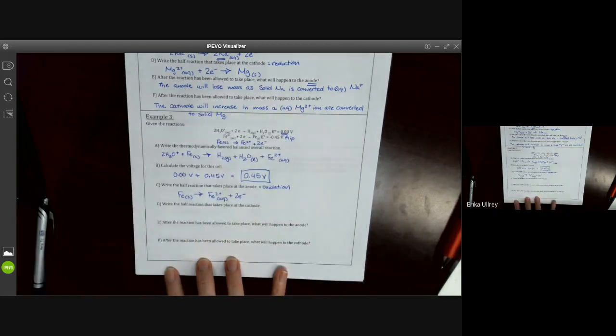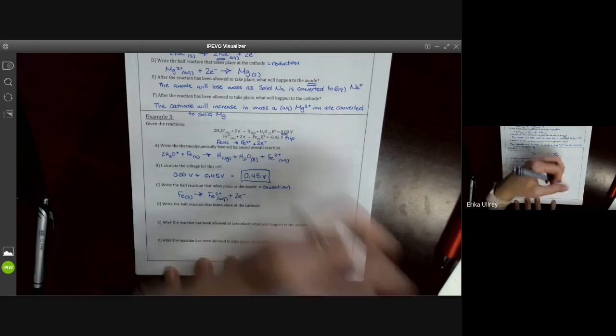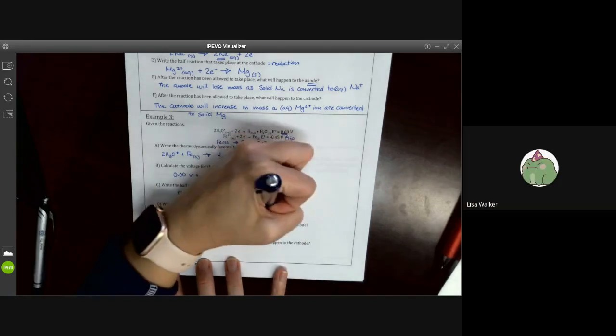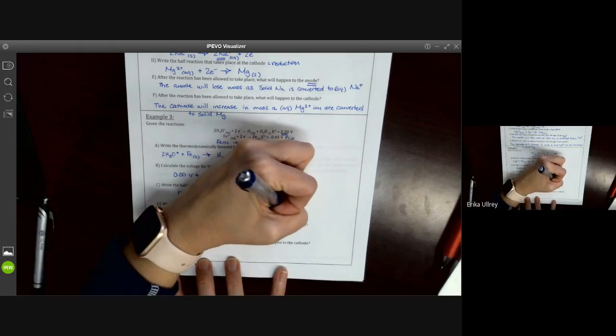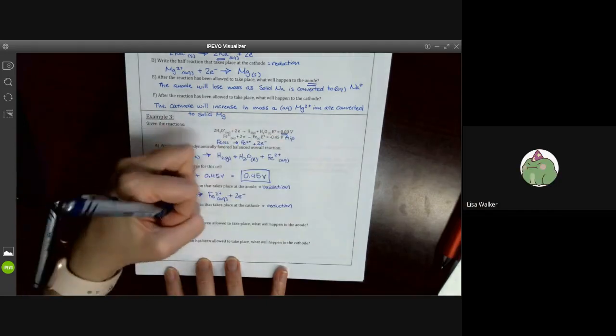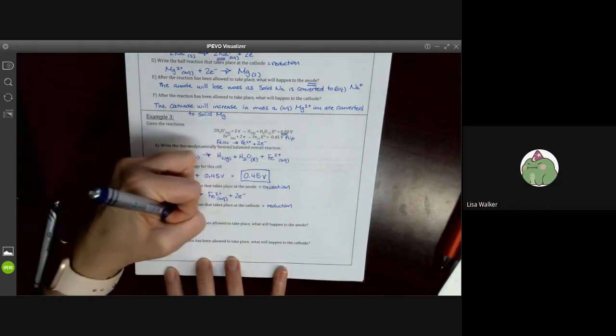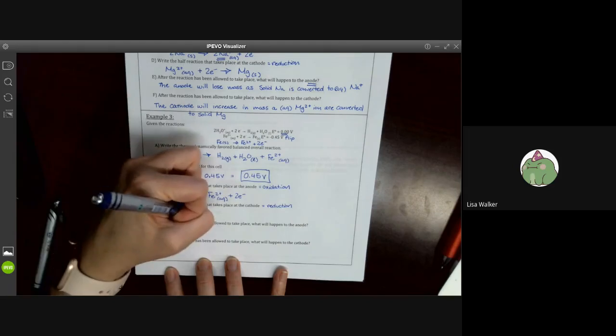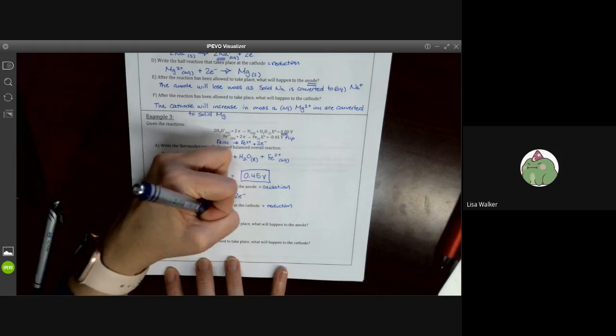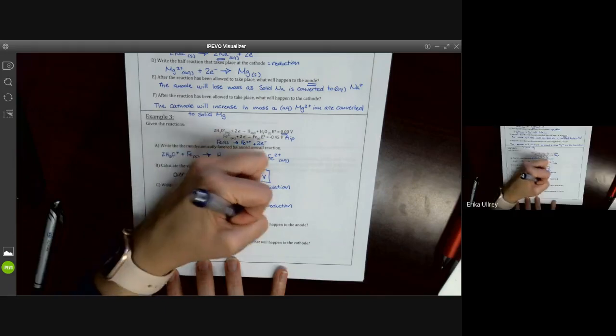Good. So what is going to be the half reaction that takes place at the cathode then? Lisa? At the cathode, it's reduction, so it would be 2 H3O+ plus 2 electrons is equal to H2 plus 2 H2O. Perfect.